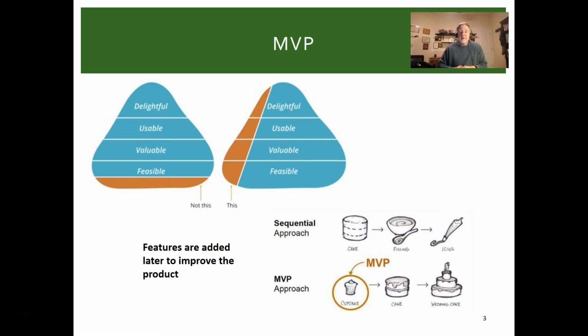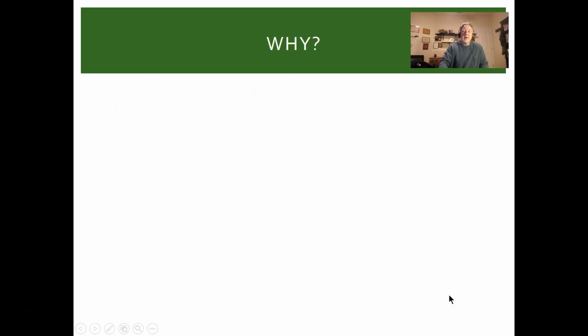As we talked about in terms of the wedding cake, in terms of the sequential versus the MVP approach, the cupcake really allows you to cross all these key attributes so that you know what the most basic is, and then you can improve upon the product based on feedback, maybe from a basic cake to a wedding cake.